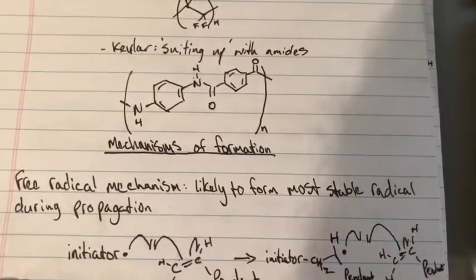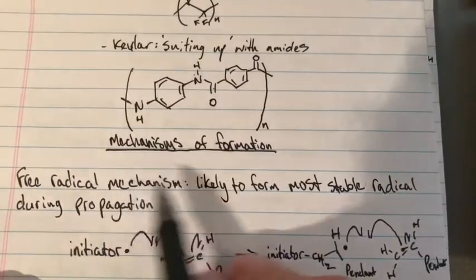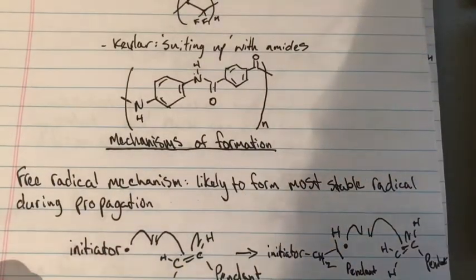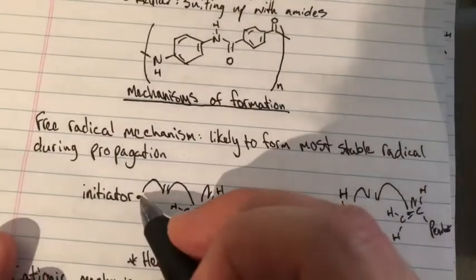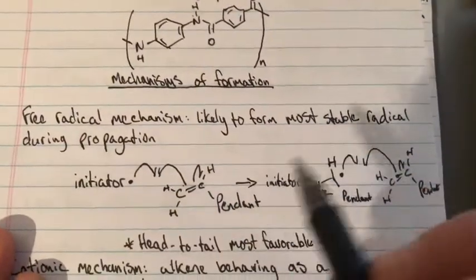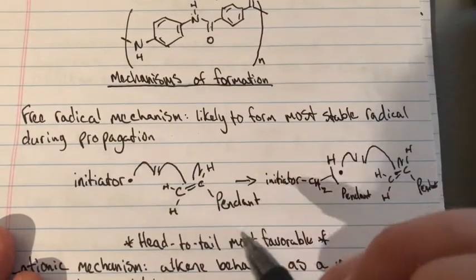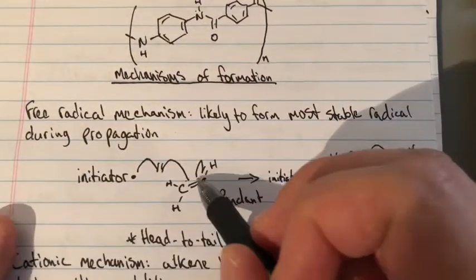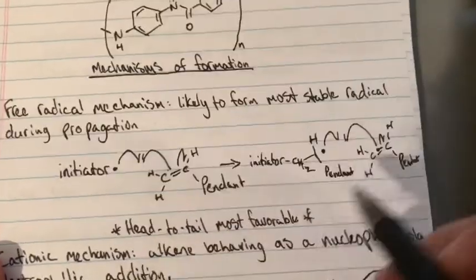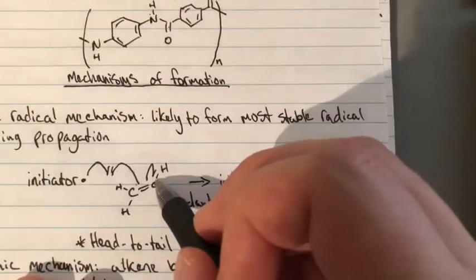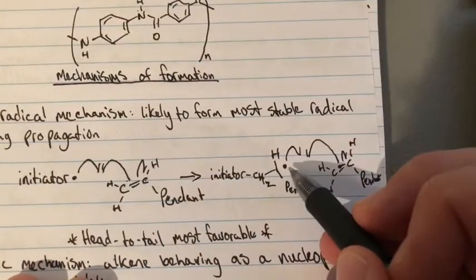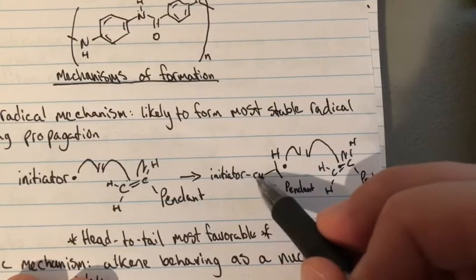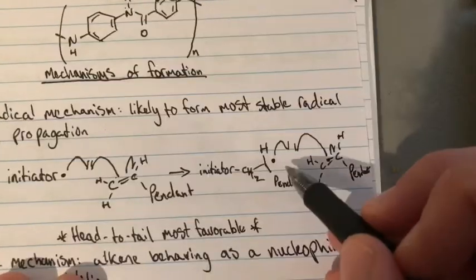Okay, so some mechanisms of formation here. The free radical mechanism, so it's likely to form the more stable radical during propagation. So you have some initiating source that's going to interact with that alkene and kind of break the pi bond up. So you're going to have that radical form in the most stable position right there. Okay, so this is going to be secondary as opposed to just primary on the other side.